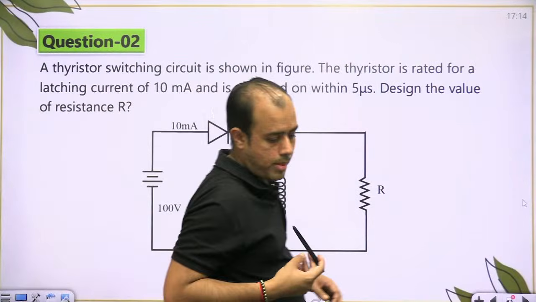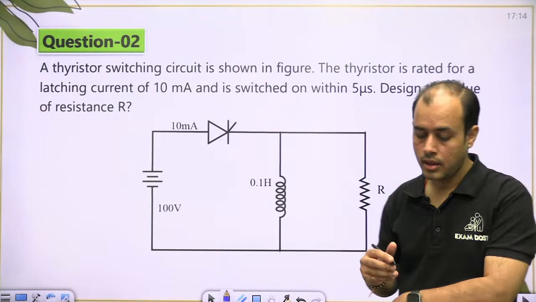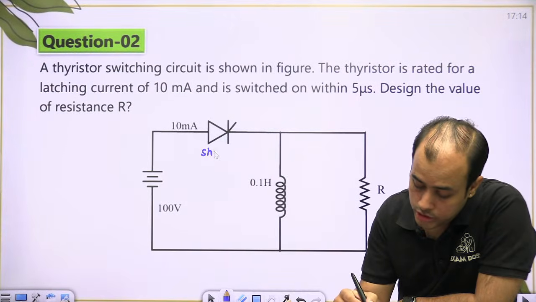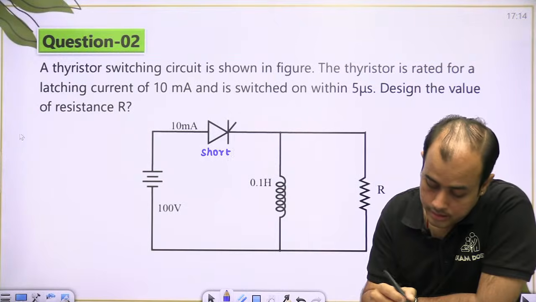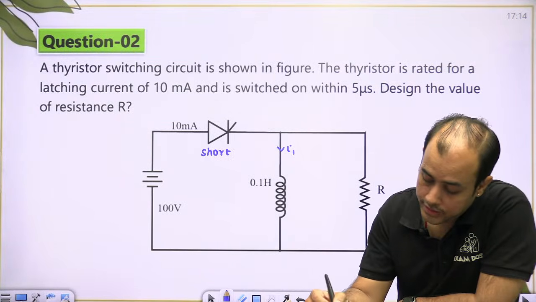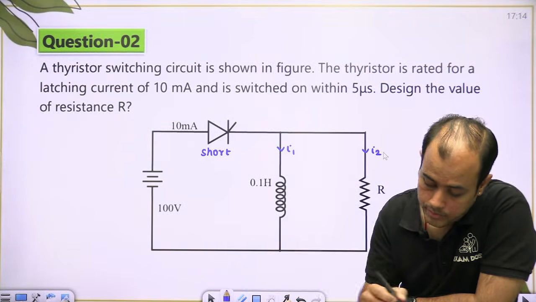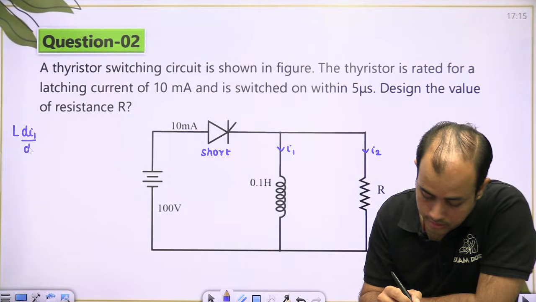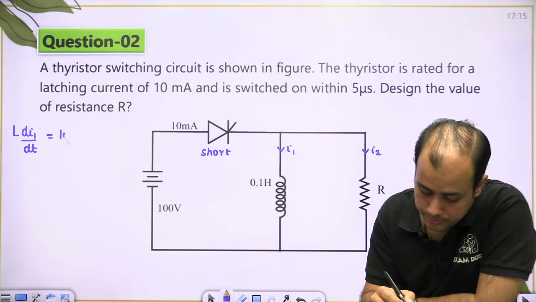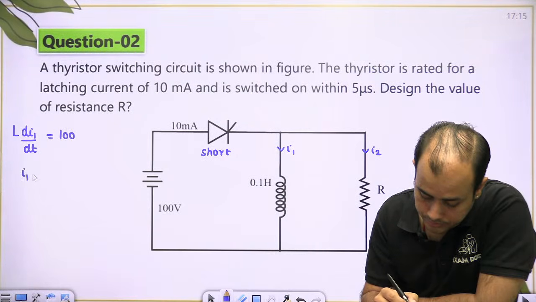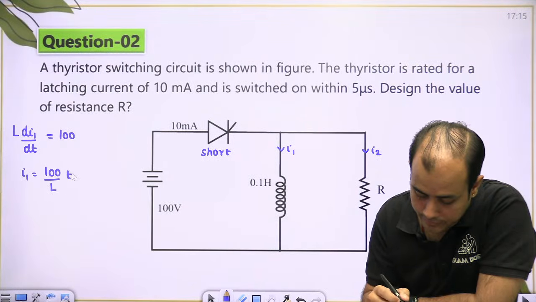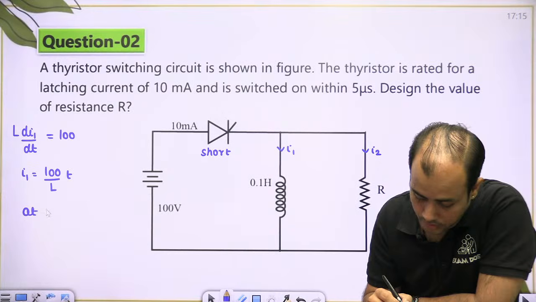See, first of all consider this to be short circuit. Now this is I1, this is I2. The voltage of inductor will become 100 volt. By integrating I will get this.